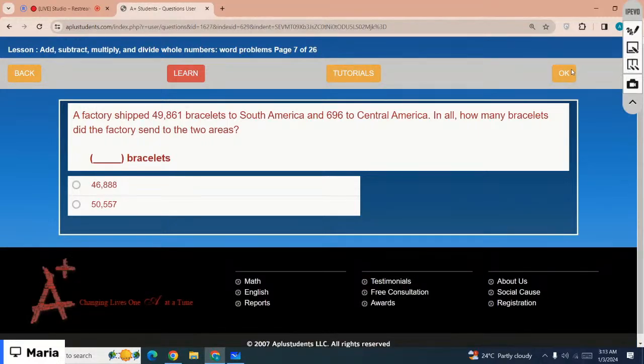A factory shipped 49,861 bracelets to America and 696 to Central America. In all, how many total bracelets did the factory send to the two areas? So which is the correct option?